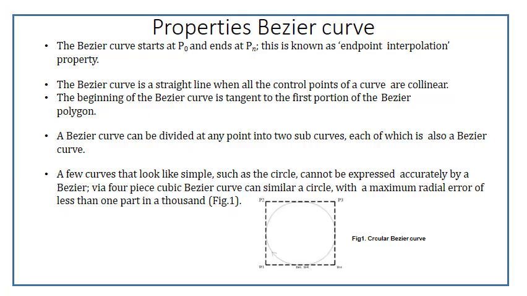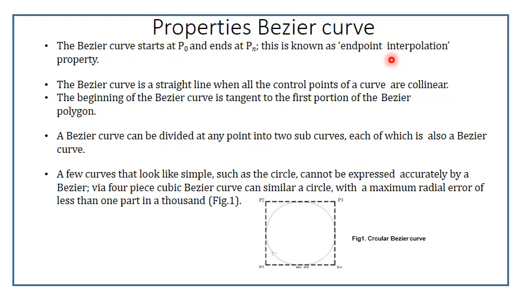Clear? So what are all the properties of a Bezier curve? The Bezier curve starts with P0 and ends at Pn. So a whole curve can be represented by the starting point P0 and the end point Pn. And this curve can be divided into a number of subcurves, which are also Bezier curves.